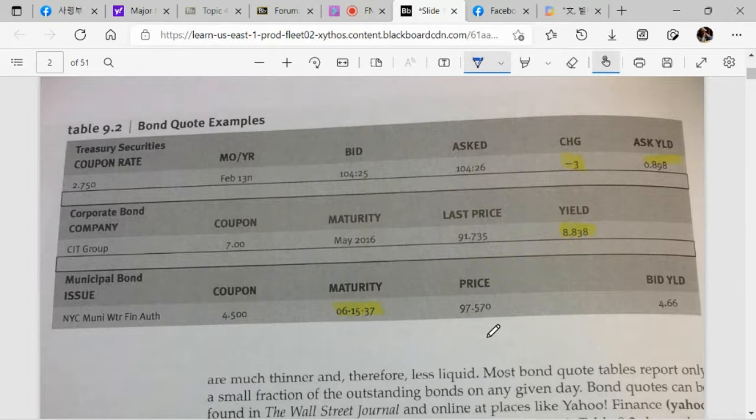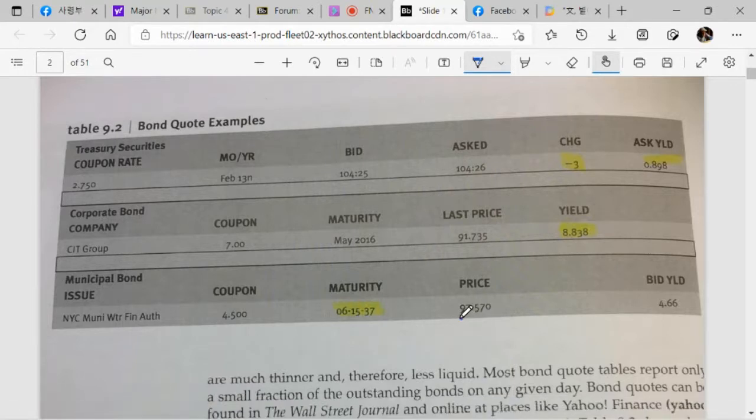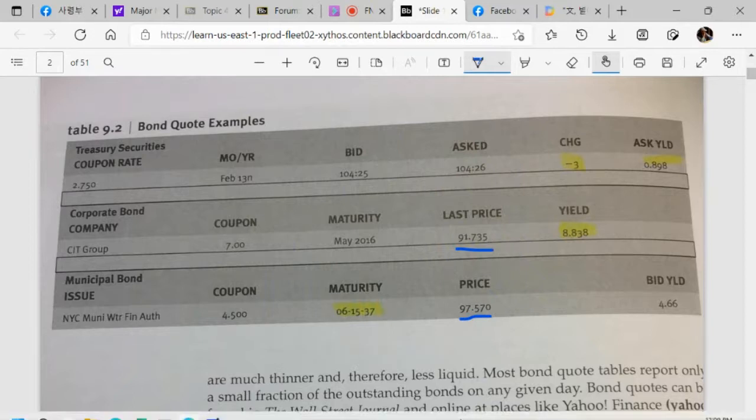I told you that the bond prices are quoted as the percentage of the par value. Do you remember that? Bond prices are quoted as the percentage of the par value. So this 91.735 is not $91, but that means $917.35. Do you guys remember that?